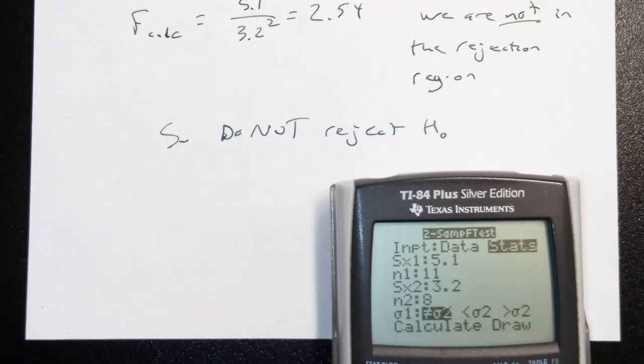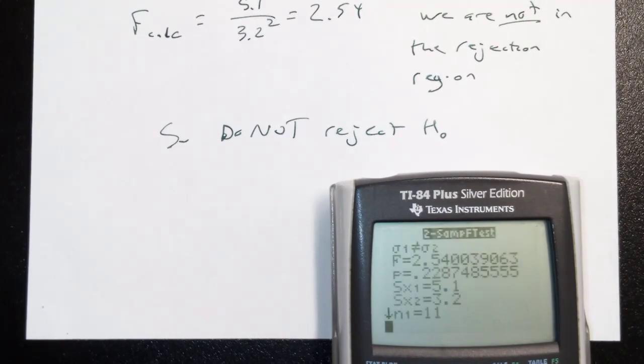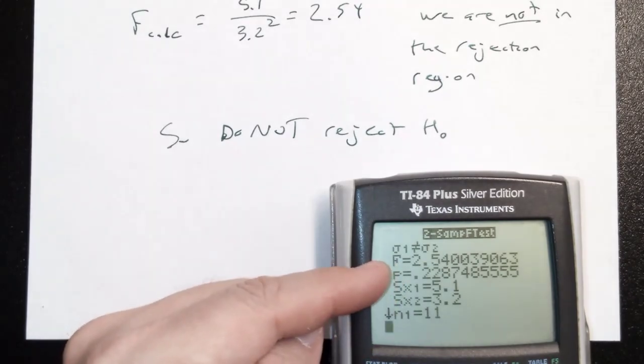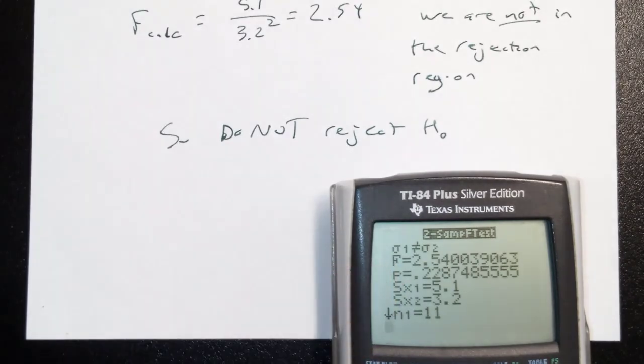Now, when I do this, it's not going to give me the F values. What it actually gives me is a p-value. What's that p-value mean?